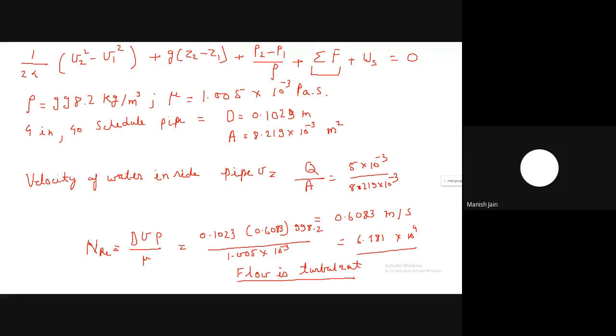Okay, now we will calculate the sigma F, the total friction losses in the system. First we will see what are the different types of losses happening in the system.